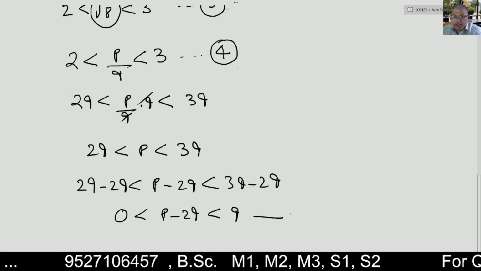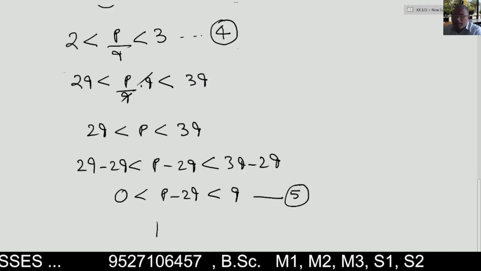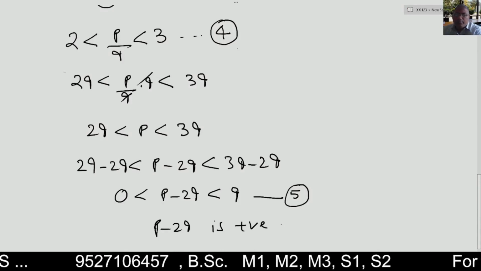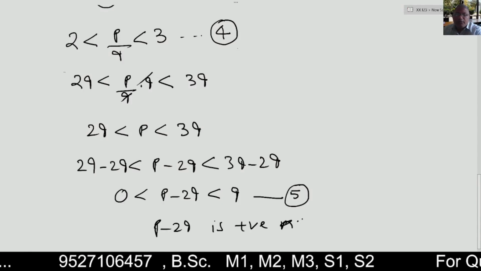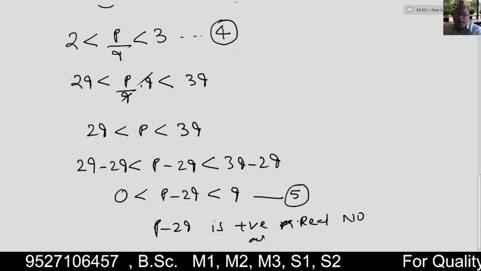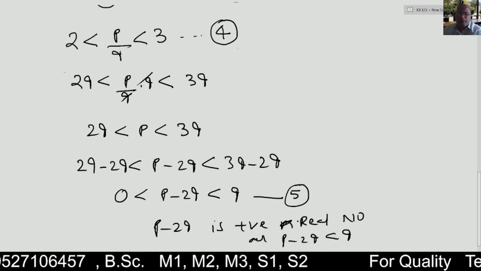Let us call it equation number 5. Here p minus 2q is a positive real number, and p minus 2q is less than q.